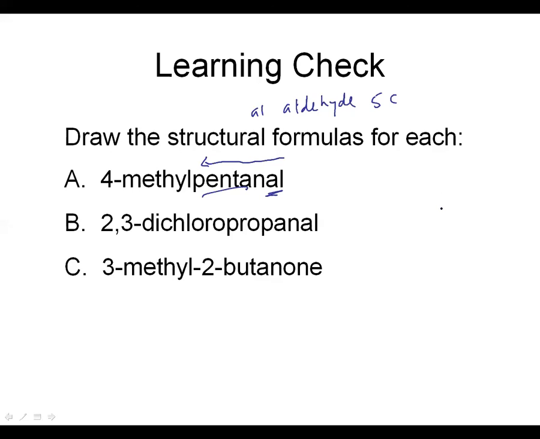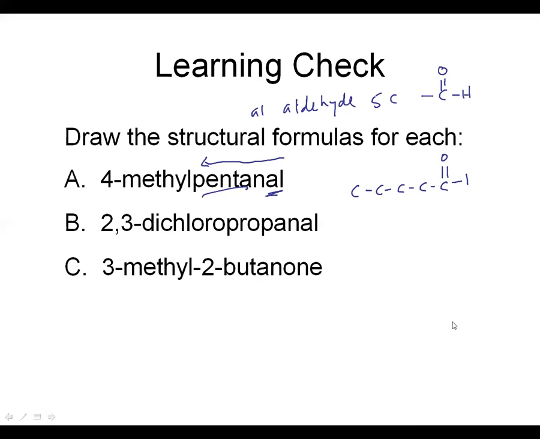So that's really where you want to start. 1, 2, 3, 4, 5 carbons. Because it's an aldehyde group, it will have this as its functional group. And as we talked about, it does need to be at the end. So since you're drawing it, you could put it on the left-hand side, you could put it on the right-hand side, I'm going to choose to put it over here on the right-hand side.